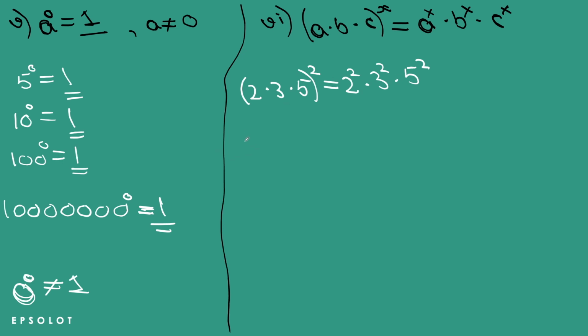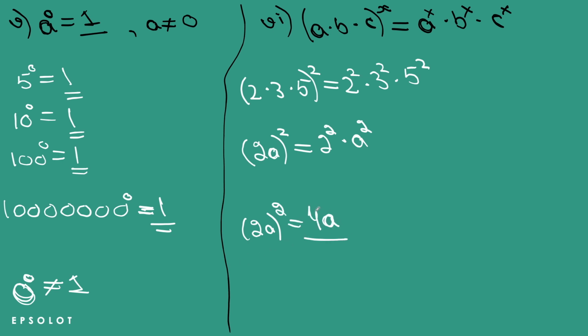But on the other hand, if I had 2a being raised to the power of 2, then the rule is much more useful, because what this means is that you have 2 to the power of 2 multiplied by a to the power of 2. The mistake that a lot of people make is that if they are asked, for example, in this case, many people end up writing 4a and they just call it that, but that's wrong because it's actually 4a squared.